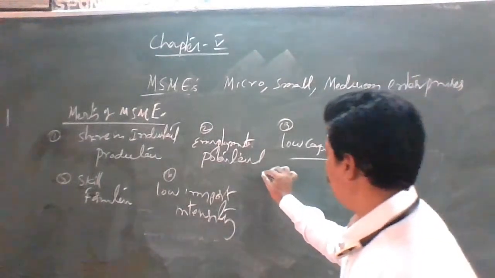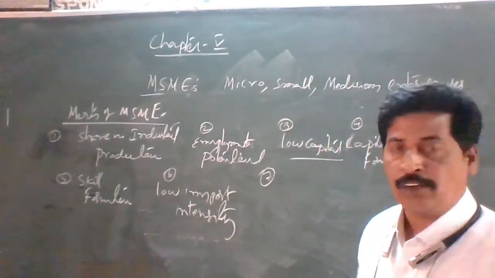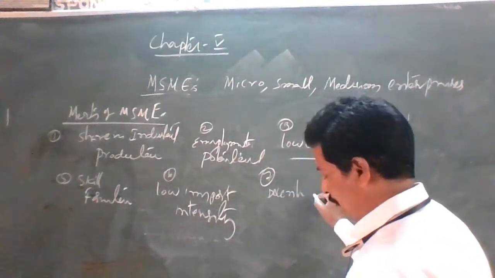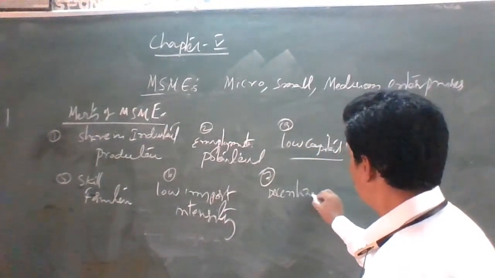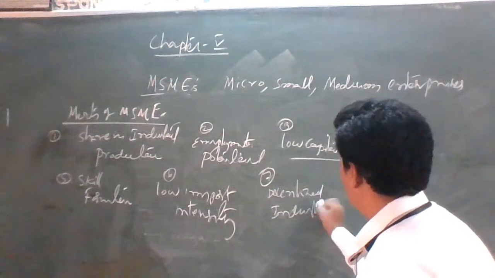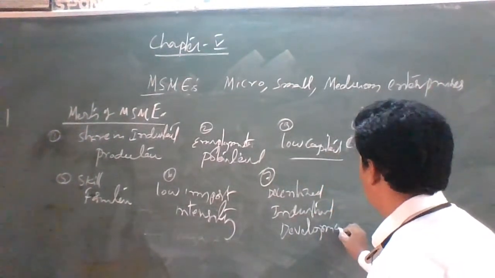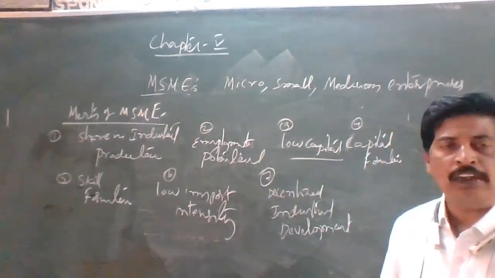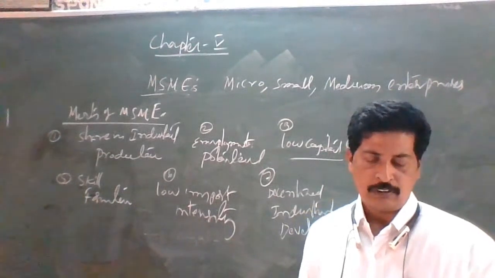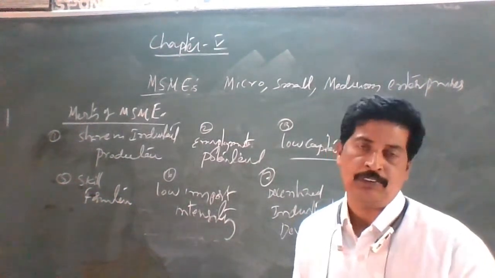Then seventh one is decentralized industrial development. Generally small scale units or MSMEs will bring about decentralization of industries.